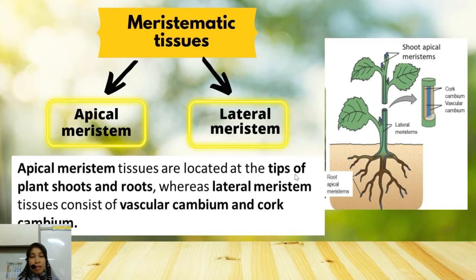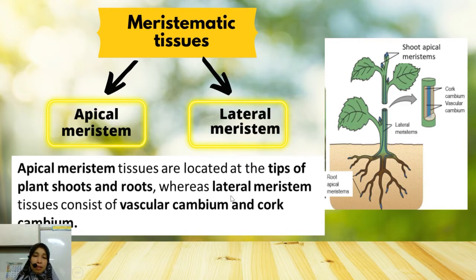What does it mean by tips? Look at the diagram here. This is referred to as the tips. Tips adalah hujung, di bahagian hujung, pucuk dan juga hujung pada akar dia. So, tips of the shoots and also roots.